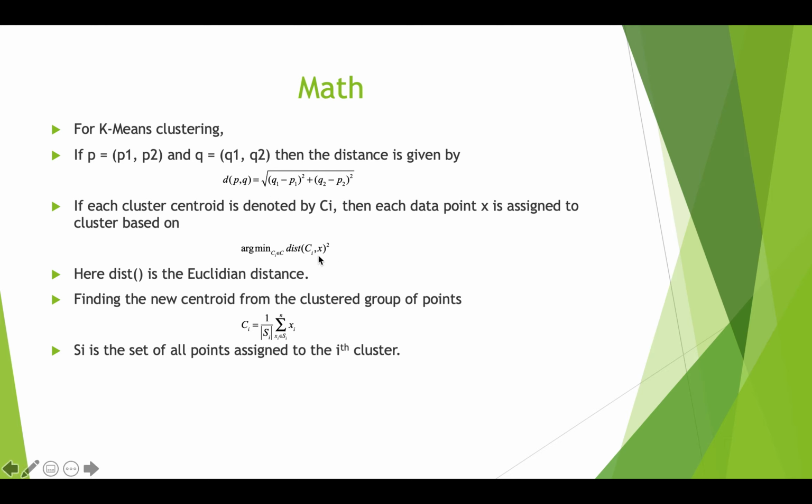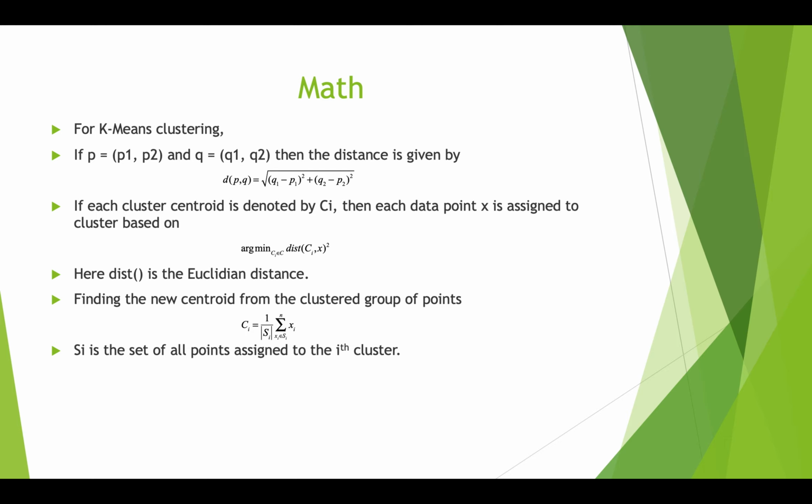Suppose we have C1, C2, C3, C4, and say 10 clusters, so up to C10. Each data point is assigned to one of the clusters, and the distance between the data point and the cluster is what we have to reduce. The system converges when this distance between the centroids and the respective data points reduces to the lowest value.